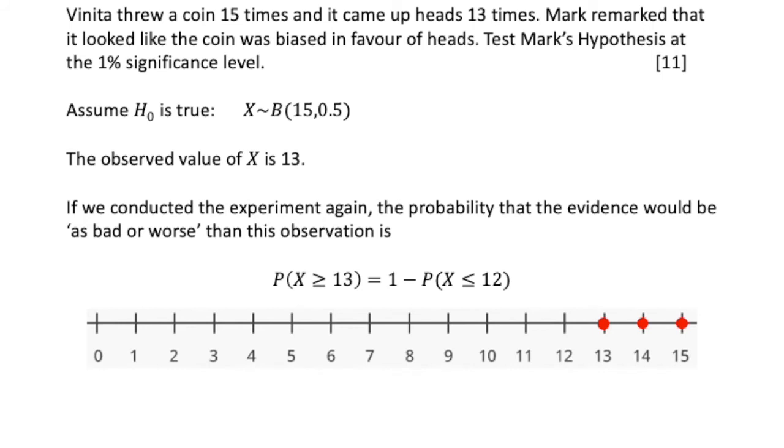I am suggesting to you that that's 1 minus the probability of getting 0, 1, 2, 3, 4, 5, 6, 7, 8, 9, 10, 11 or 12 heads. And the reason for that is that the set of values x is 0 to 12 is the complement of the set of values x is 13 to 15. And the probability of those complementary events is, of course, 1. Okay, so hopefully that's clear.